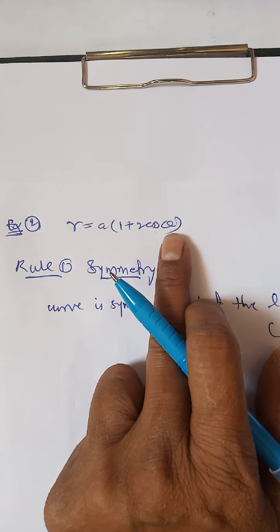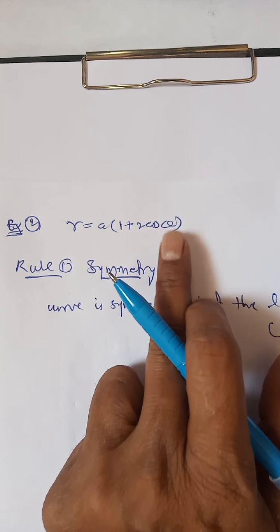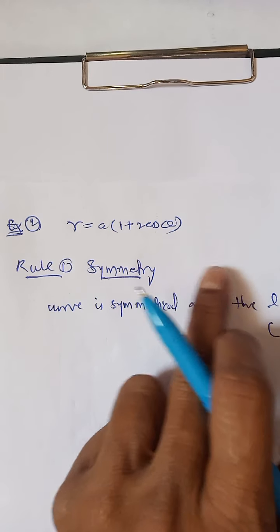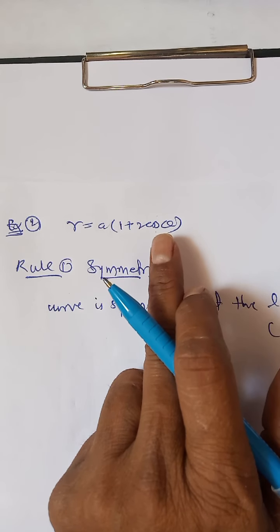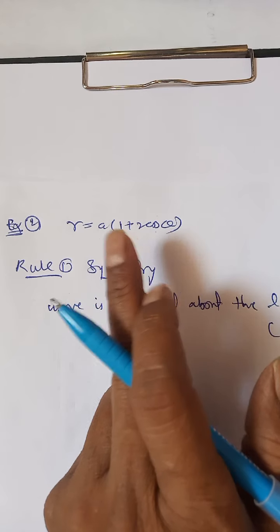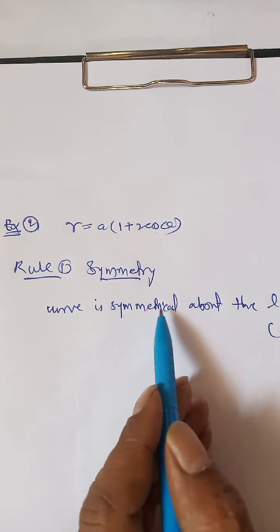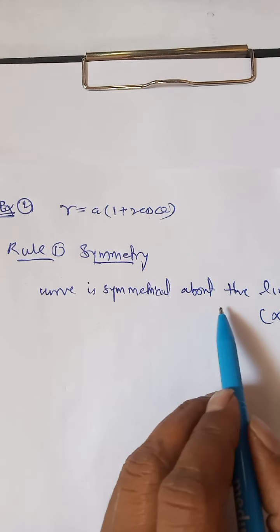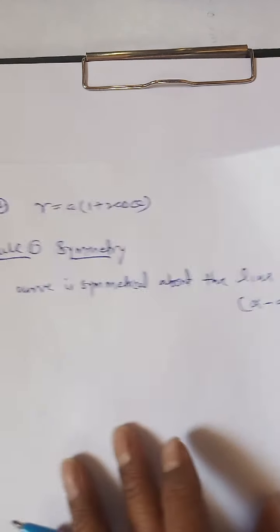So if I replace theta by pi minus theta, I'll get cos of pi minus theta, which is minus cos theta. So pi minus theta means second quadrant where cosine is negative, right? So the equation will change here. Therefore it is not symmetrical about y-axis. So there is symmetry only about the initial line, or you can say about x-axis.